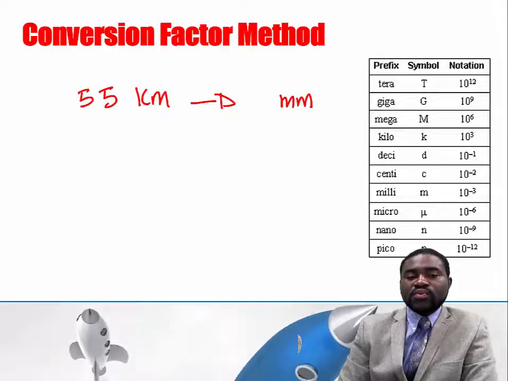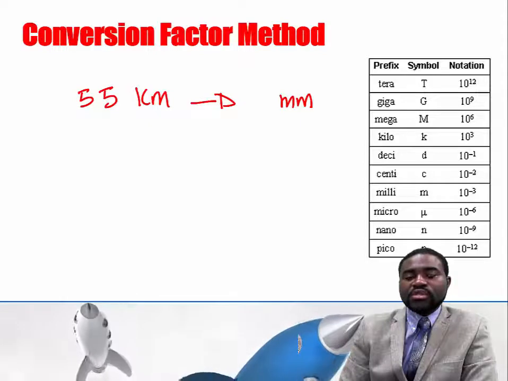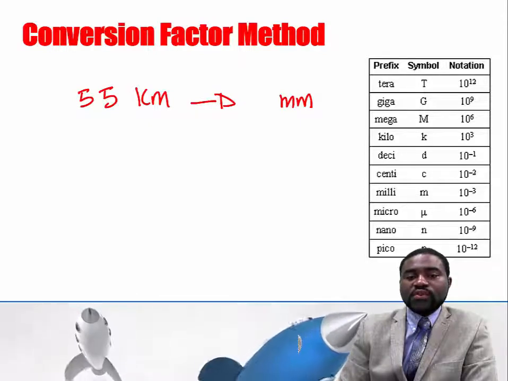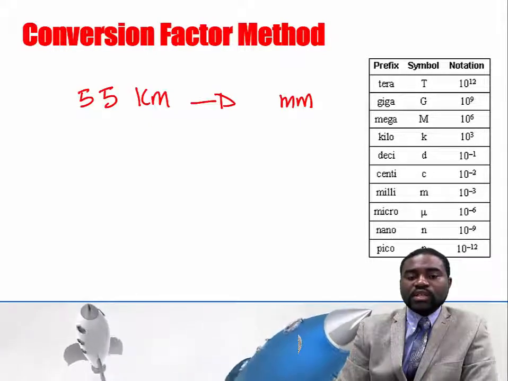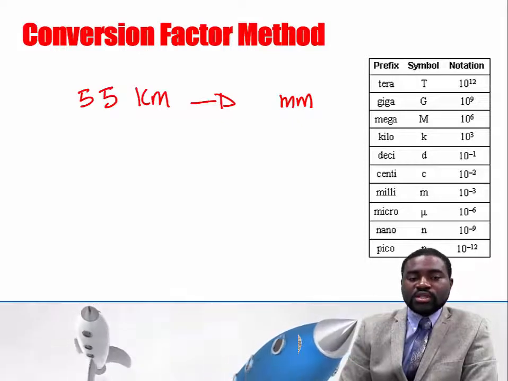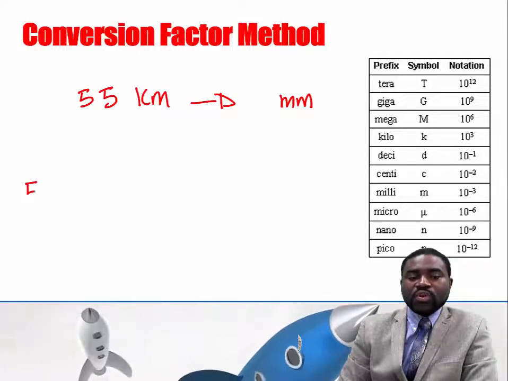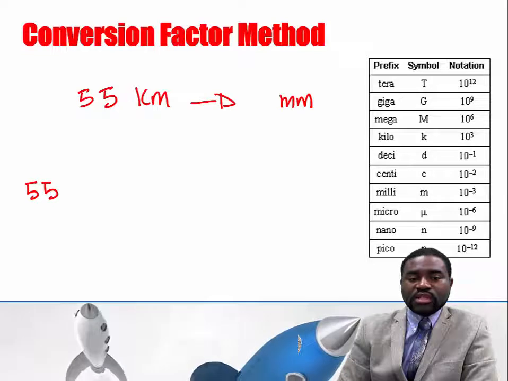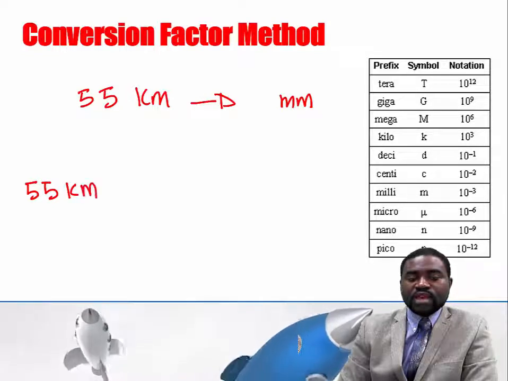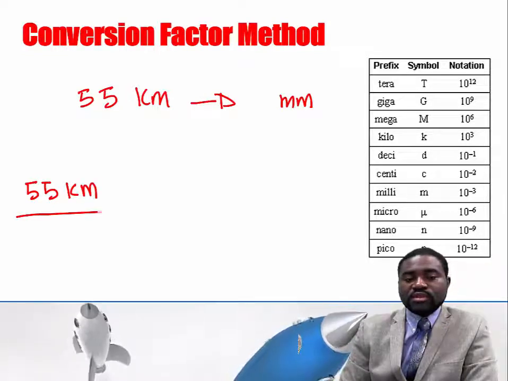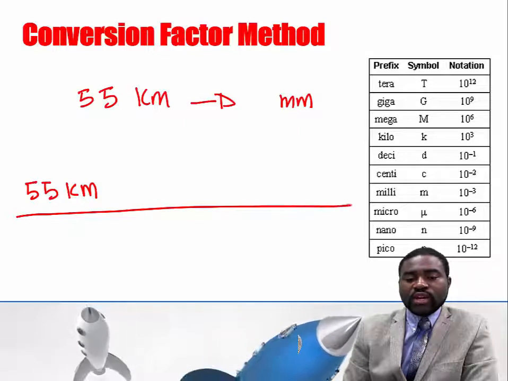How do you move from kilometers to millimeters? We will use the conversion factor method. Now the method is simple. Listen attentively. You start with the unit given and you end with the desired unit.